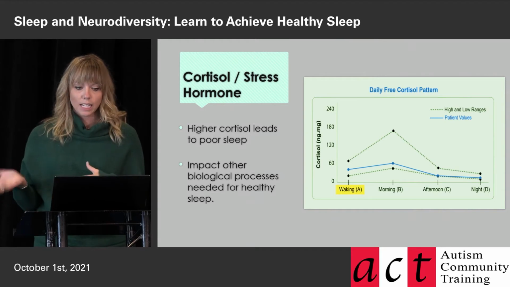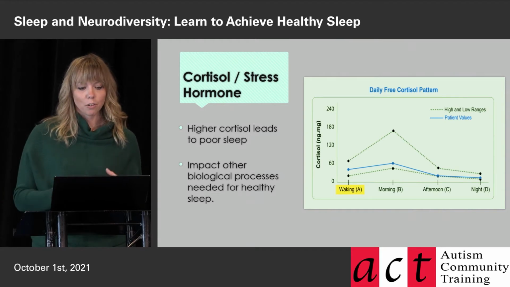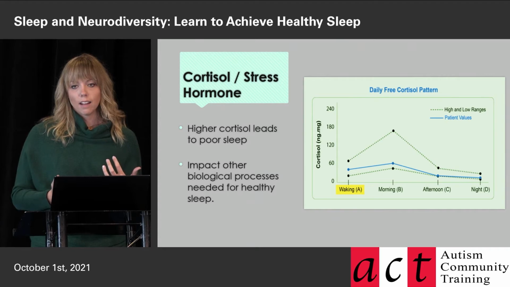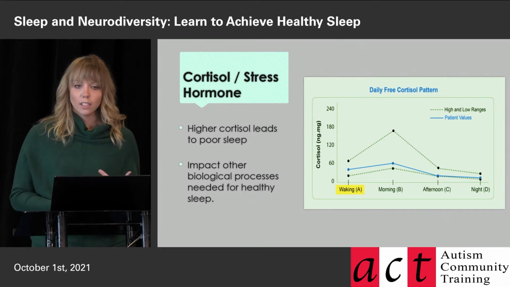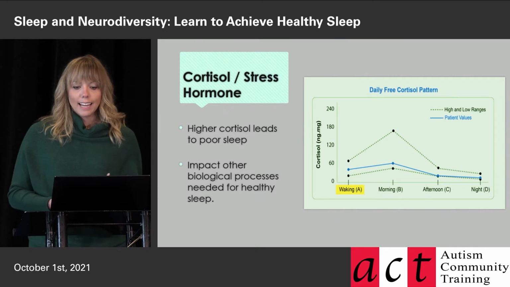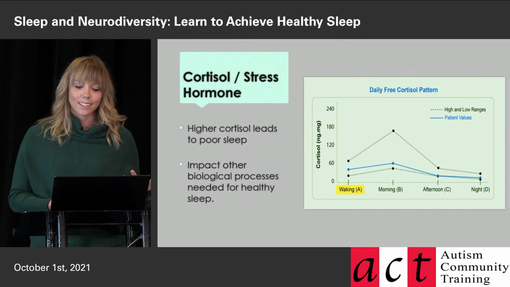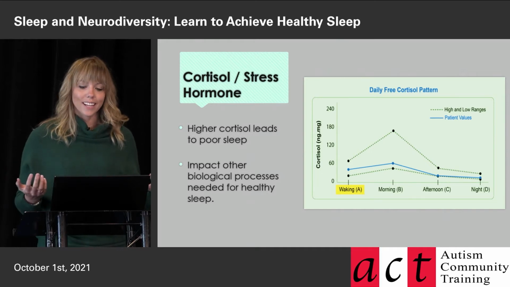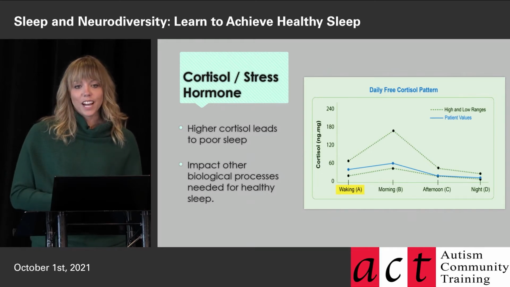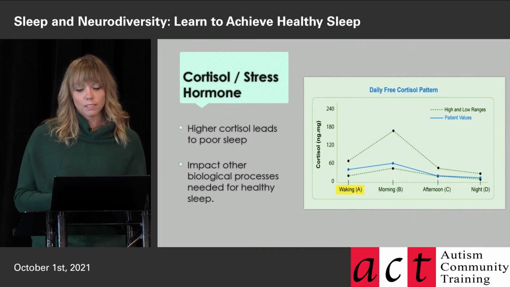Besides melatonin, there's another hormone that can impact our ability to have healthy sleep: cortisol, which is our stress hormone. I'll talk a little about how the pandemic may have adjusted all of our cortisol. It's been a very stressful time, the last 18 months. So understanding how cortisol can impact our sleep is important.